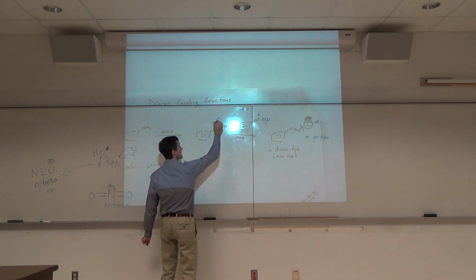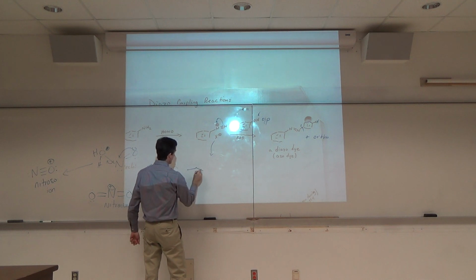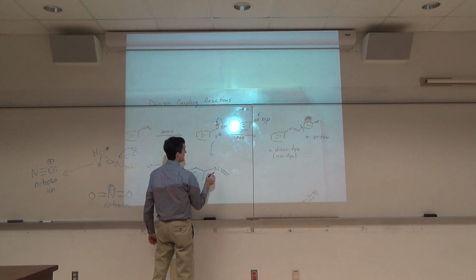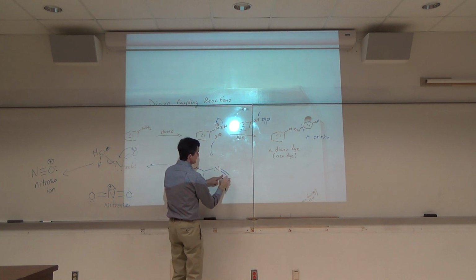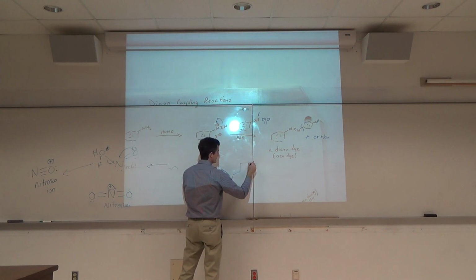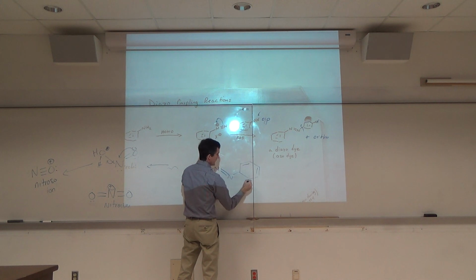So attacking here, what does that give? Lone pair there now, double bond in between. Now what's bonded to this nitrogen? The ring. I'm doing a pi attack, leaving a carbocation there.